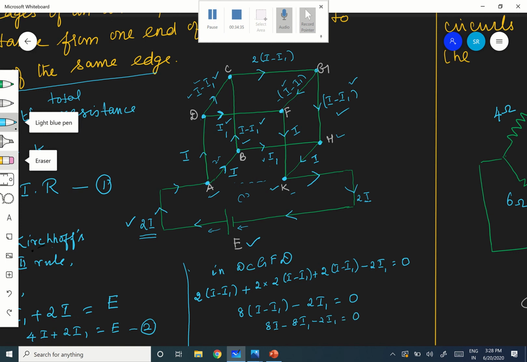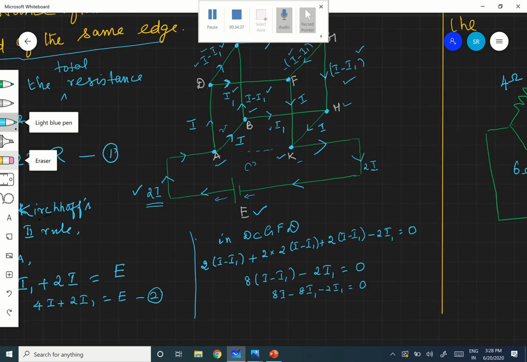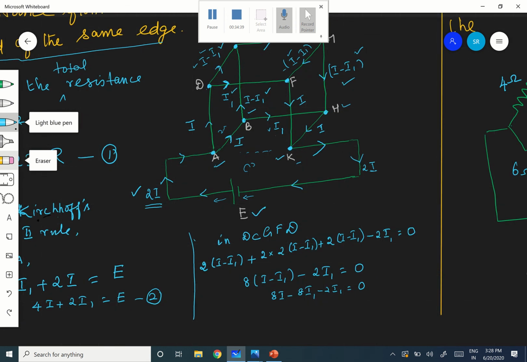Therefore you will be getting 8I minus 10 I1, that is equal to 0.